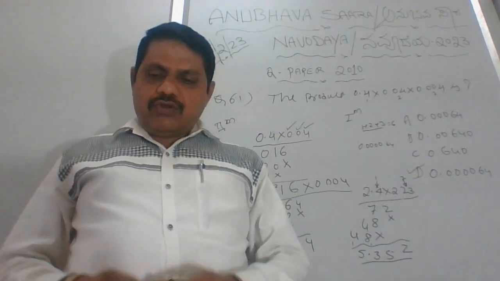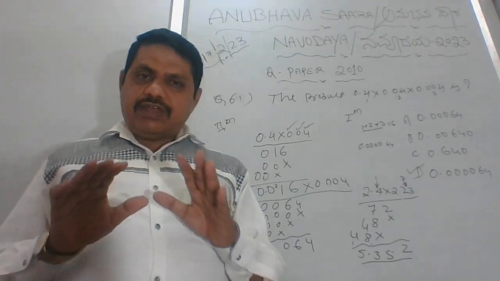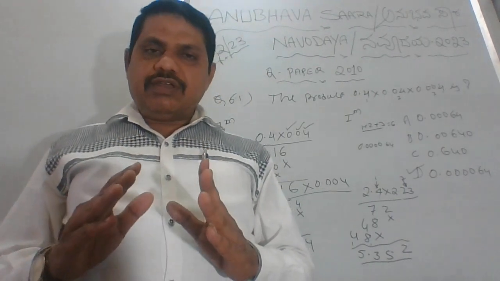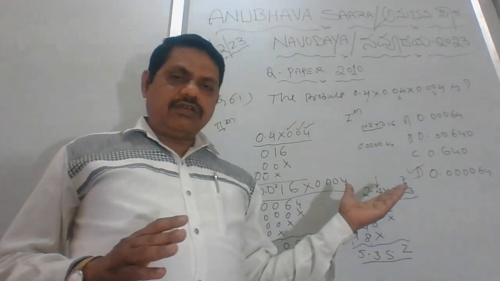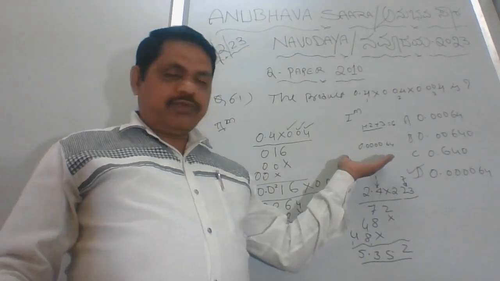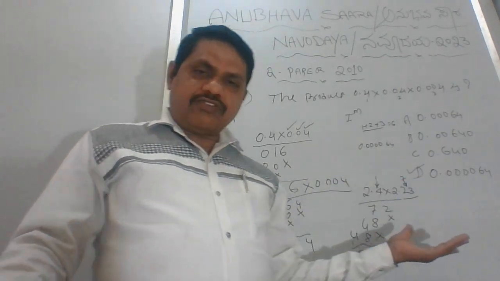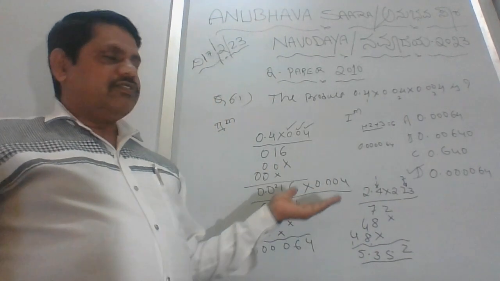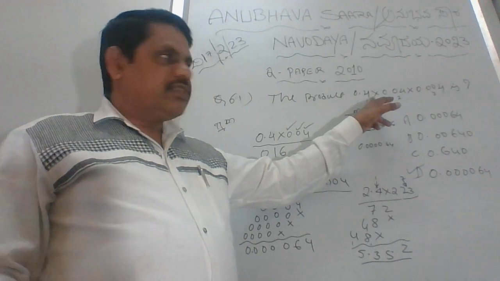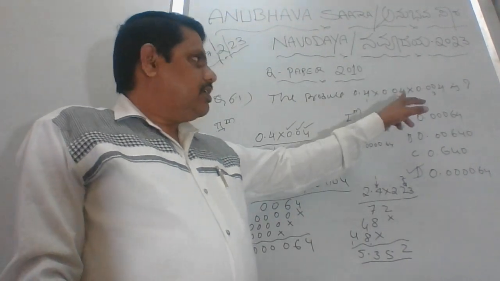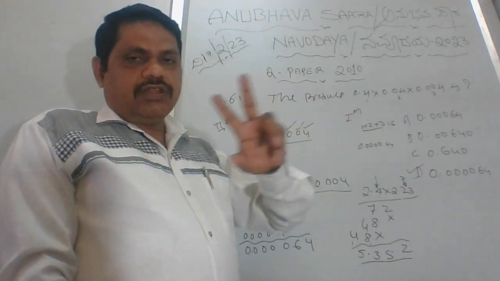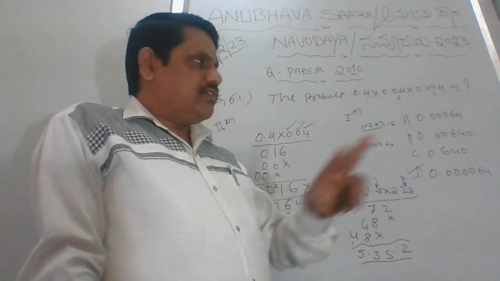Okay, this answer is not related to this question, sorry. My children, I hope you understood how we can work out decimals and how we can solve them with the quick method and with the traditional method. Quick method, I will explain once again. So we have only one decimal place in the first option. Here we have 0.4, after the decimal there are two numbers, that is 2 digits.